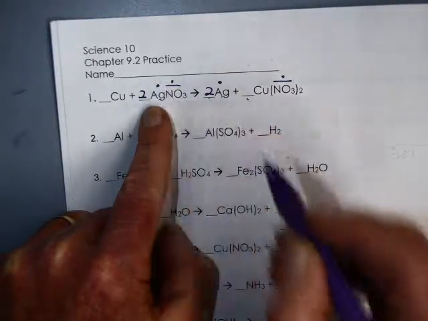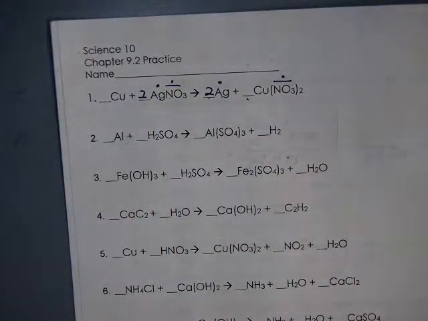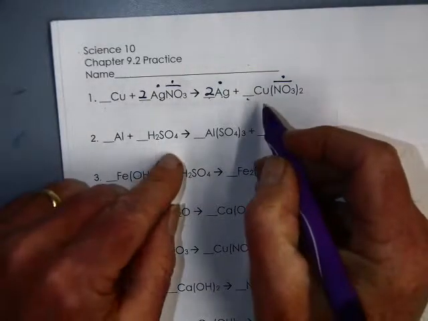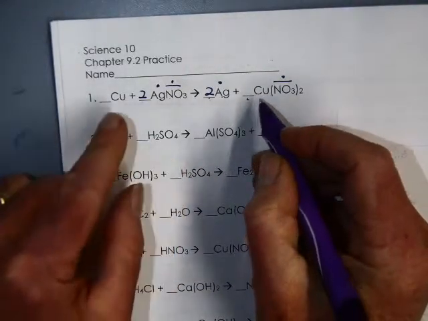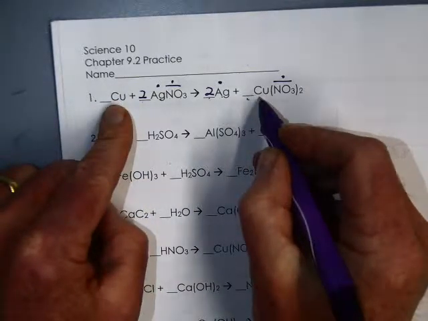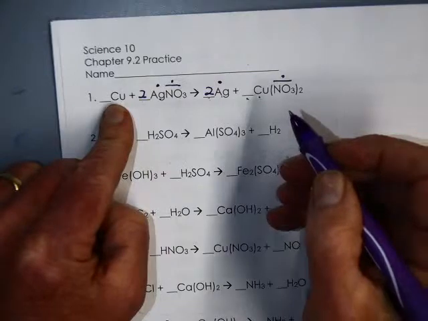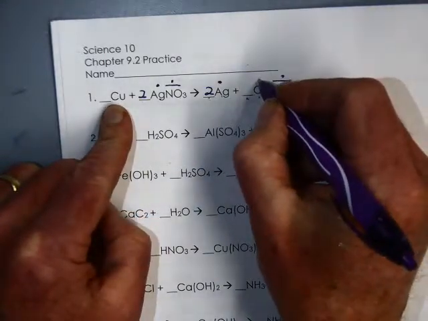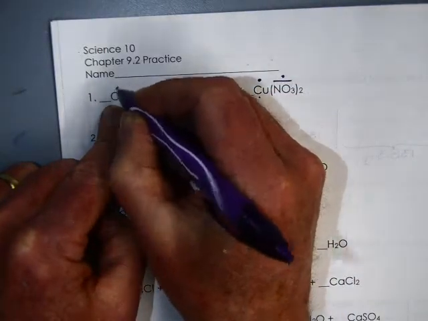See how the dot notation says, okay, you've taken care of those. Then I say, what have I got left? I've got coppers. I have 1 copper here and 1 copper here. These are balanced. I have the same number on each side. Okay?